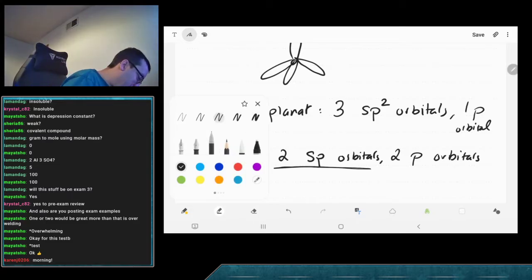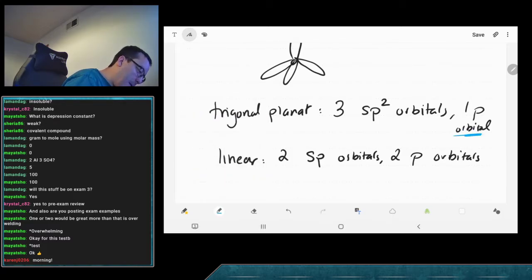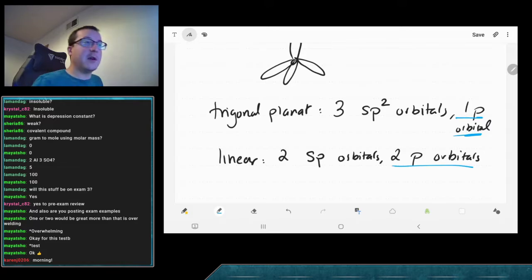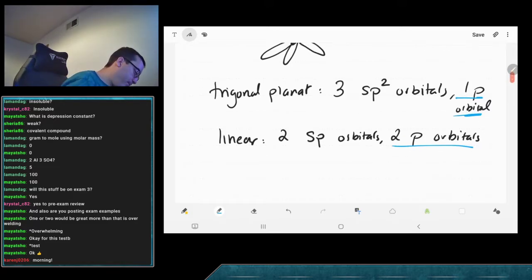These 2p orbitals are unhybridized p orbitals.